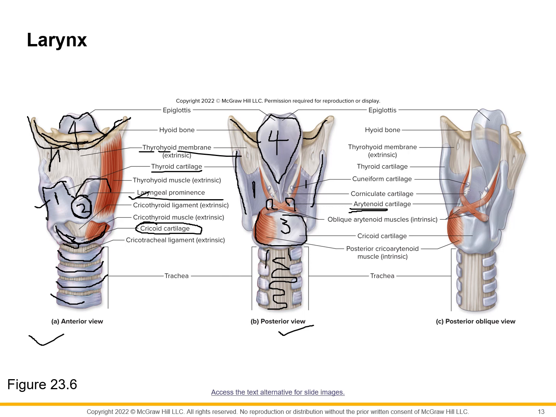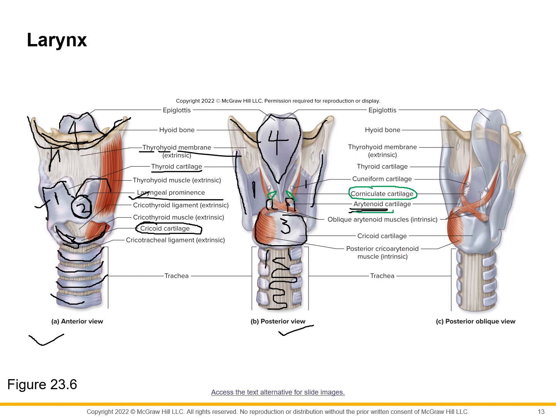Sitting on the superior side of the arytenoid cartilages, let me change the color to green, are teeny tiny cartilages right here. Also bilateral, those are corniculate cartilages. So you have the inferior one, which is the arytenoid cartilage.